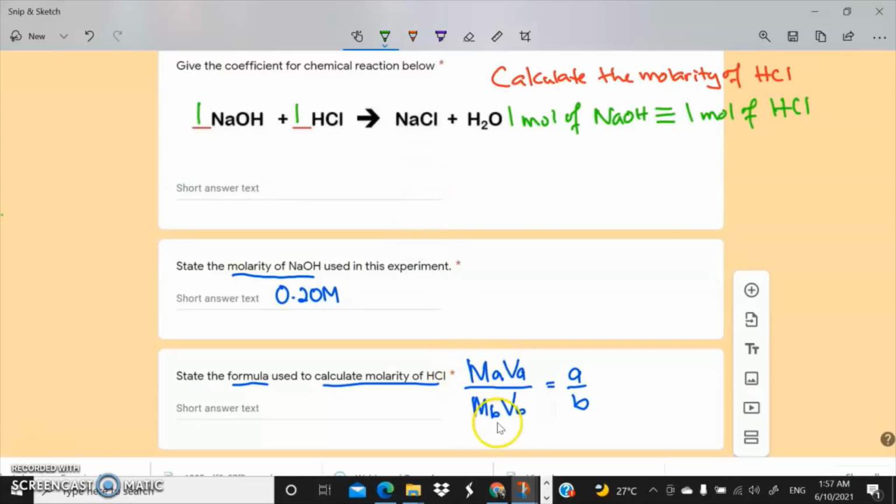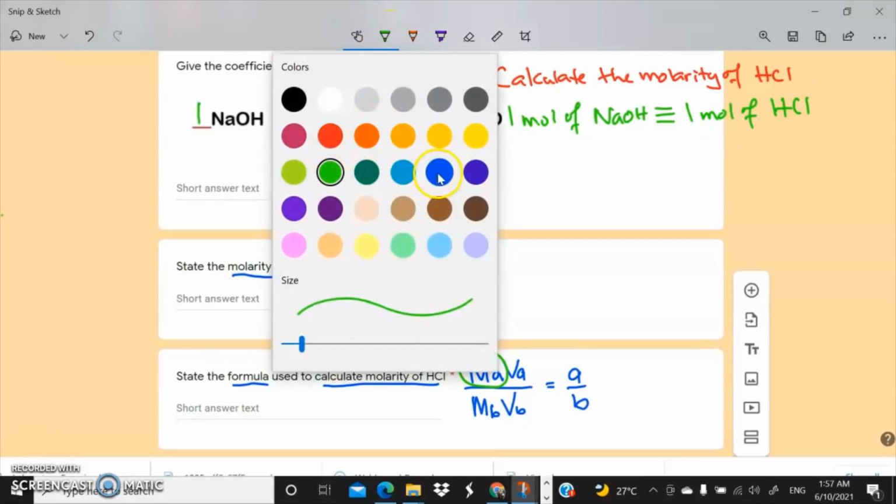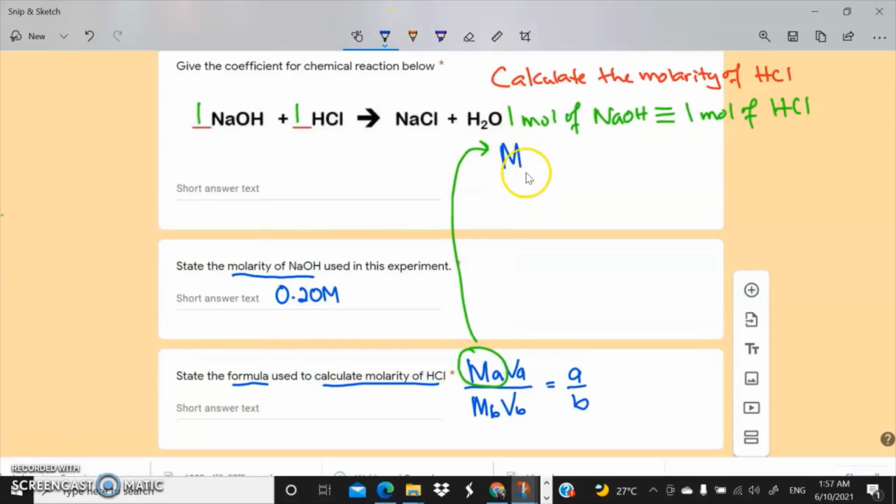We are going to use this formula. So I want to calculate the molarity of HCl, so let us rearrange the formula. When I rearrange, I will get A times MB times VB, divided by B times VA.